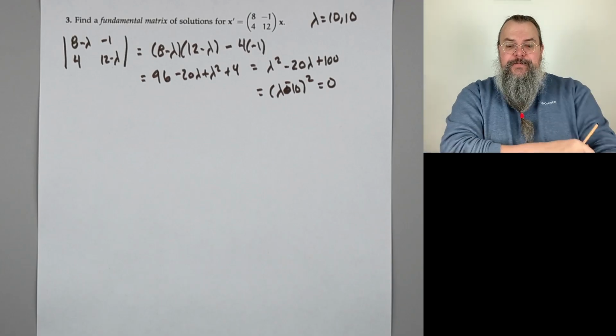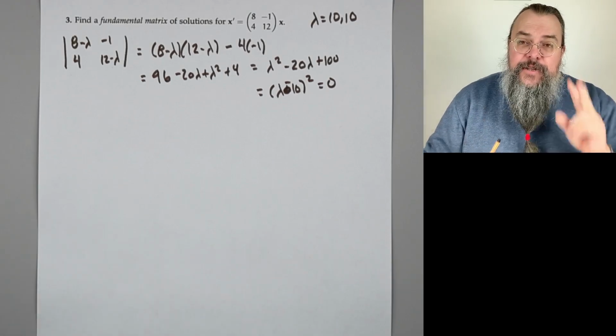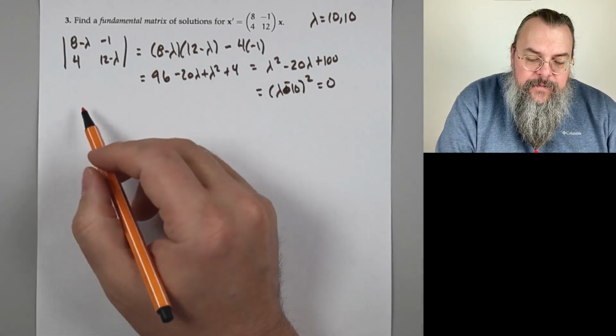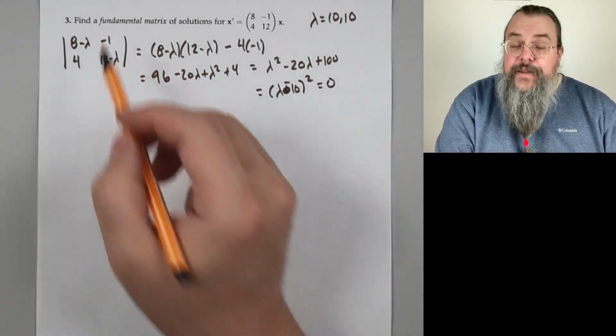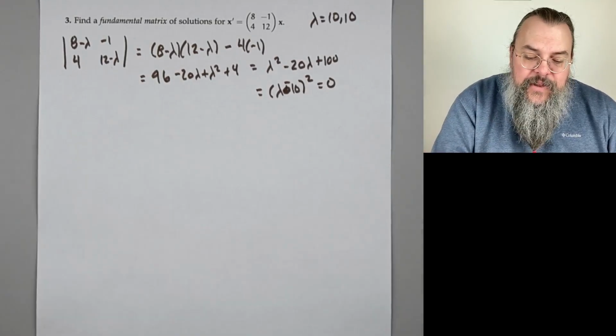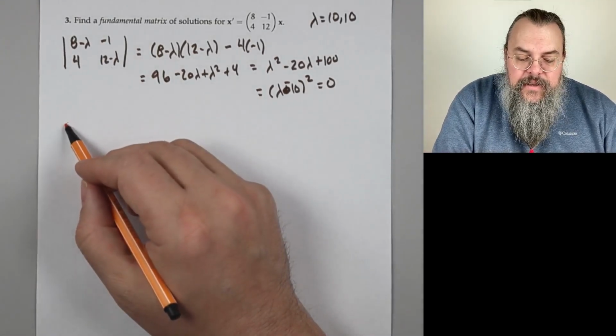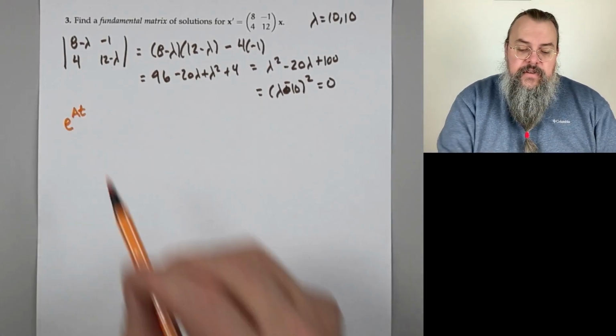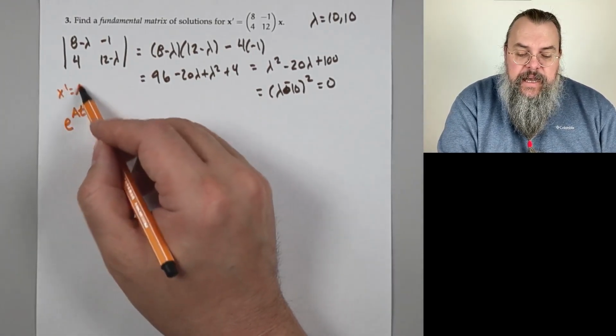So how does it work? If you have a 2 by 2 matrix with repeated eigenvalues, then the fundamental matrix, well, I said the fundamental matrix. Really, there's a fundamental matrix, but I like the fundamental matrix. You can use e to the At as your fundamental matrix for x prime equals Ax.